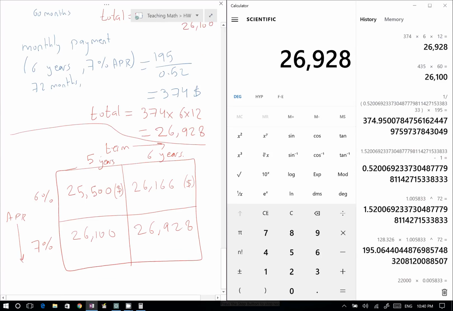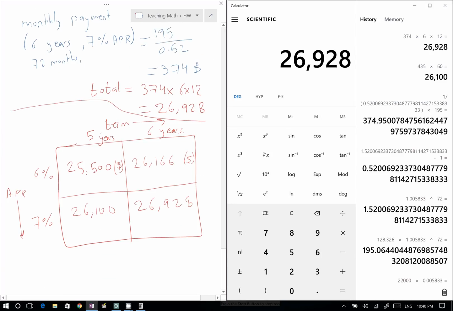So here's the question: which effect was more, the term or the interest? So from what I see, the term had a bigger effect.